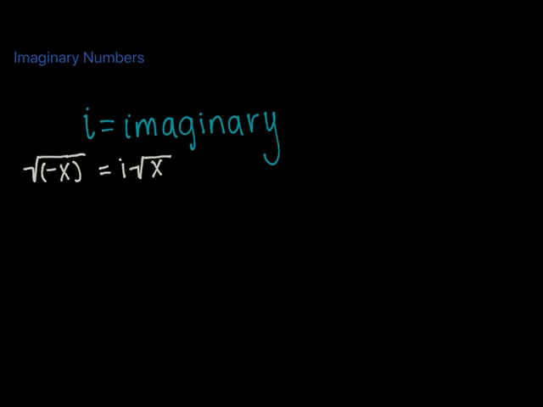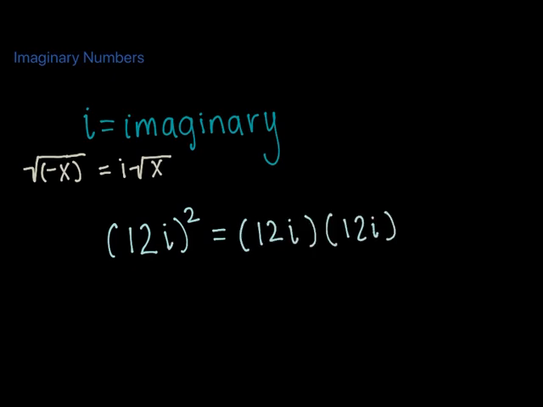Now let's take a different type of problem. Let's say, what is 12I squared? Well, we know that something squared is that number multiplied by itself, so this would equal 12I times 12I.